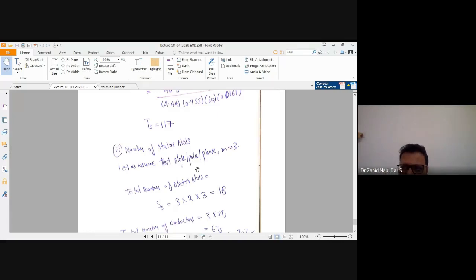You have to take the next integer. If it is 2, the next integer without decimal figure is 3. Hence we have taken this as 3.